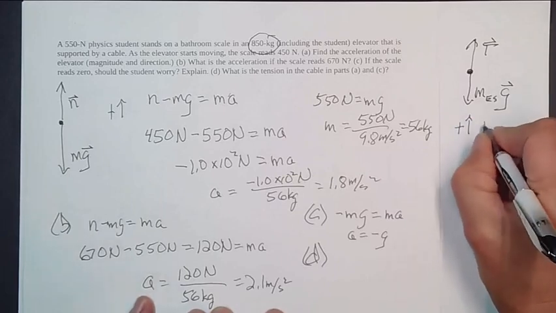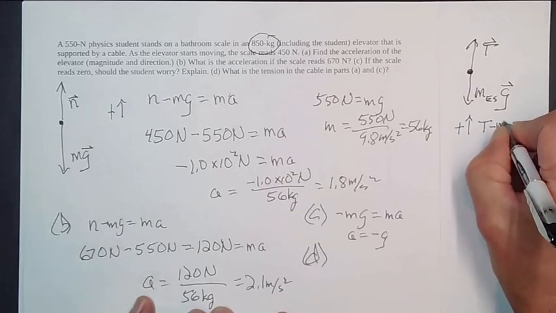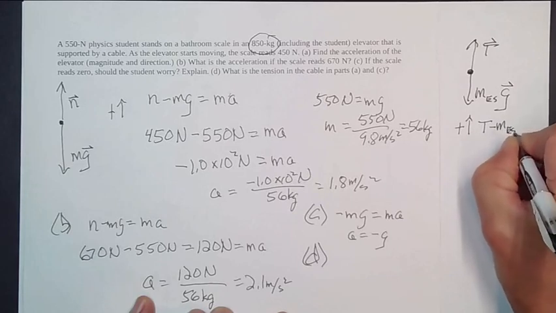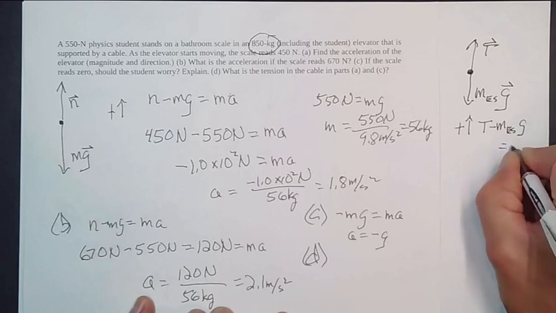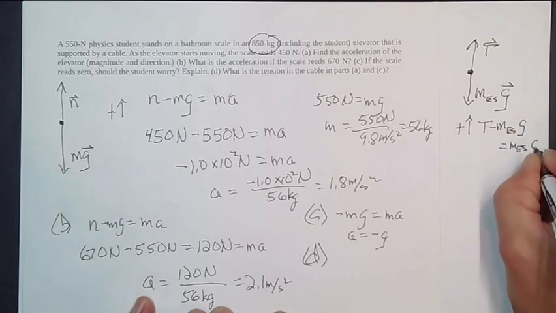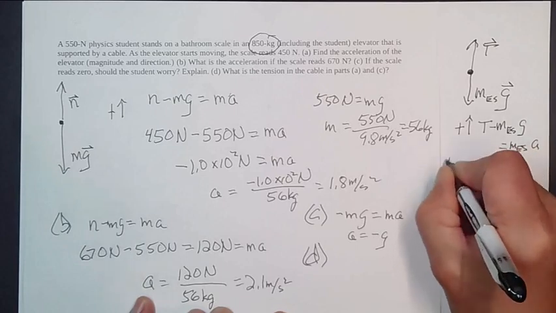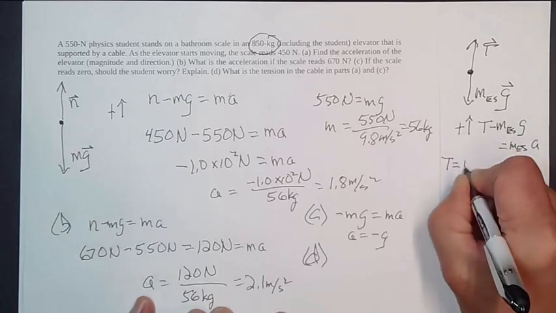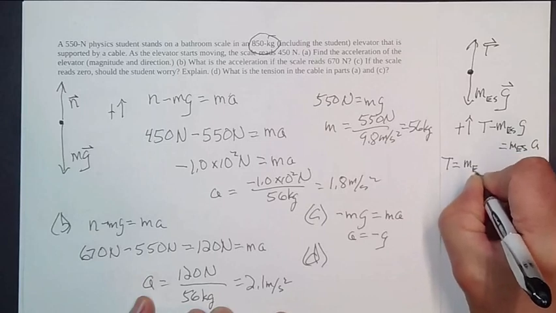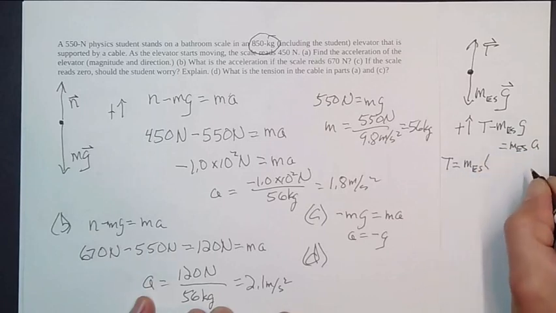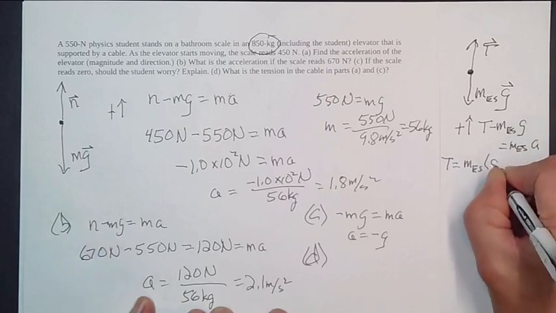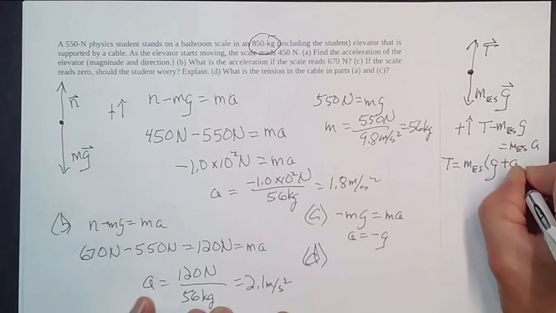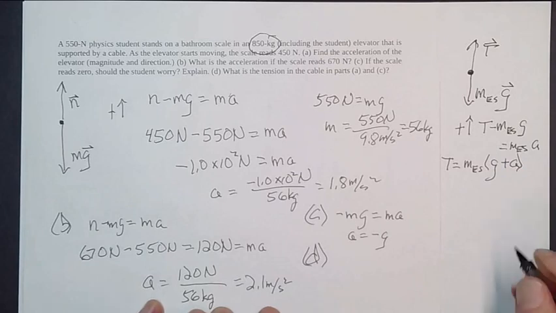I just say T minus M sub ES times G is going to equal M sub ES times A, or the tension will equal the mass of the elevator and student times, I'm going to bring this across and then factor out the M sub ES, it'll be G plus A.